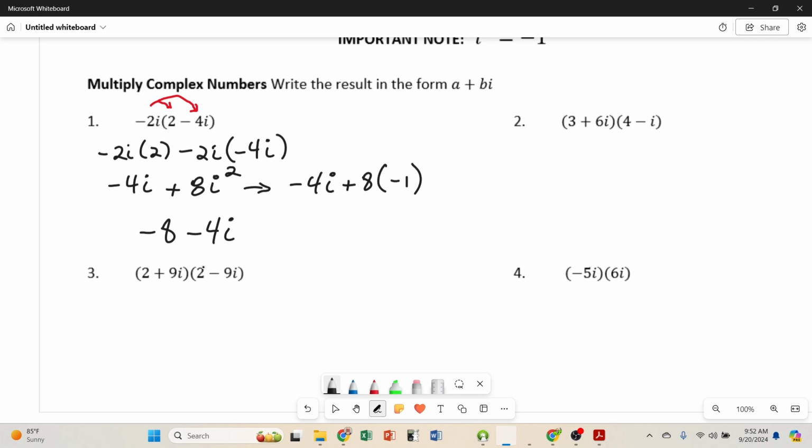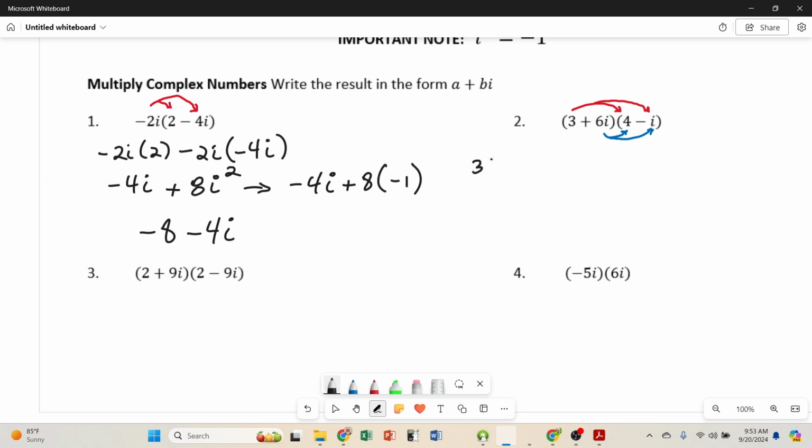As I always say, we're going to use the distributive property here. So I'm going to multiply this by everything here and here. And I'm also going to multiply this times these two. I find this easiest to do by writing it out.